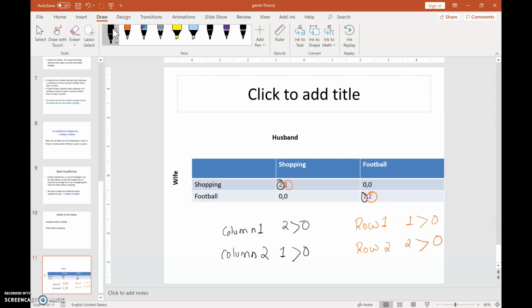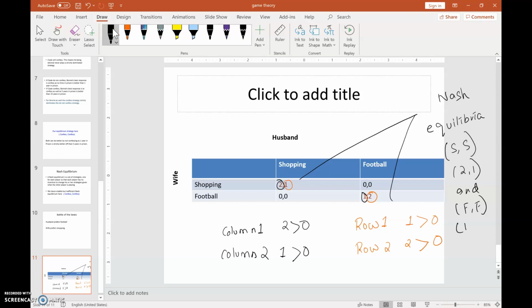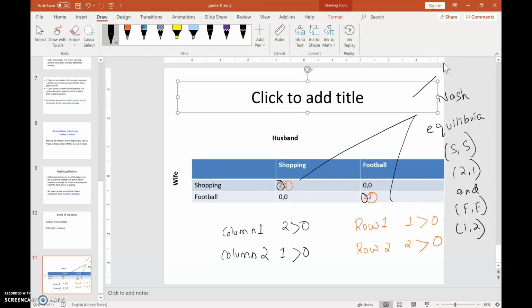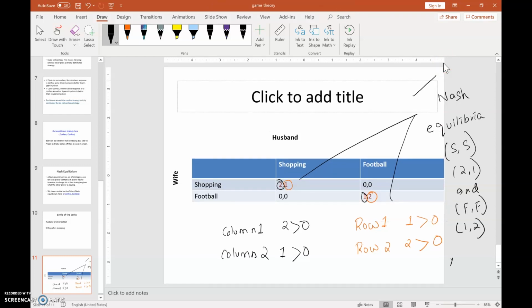I have 2 circles in 2 of these boxes, so I have Nash equilibria. That means there are 2 solutions to this game. The Nash equilibria are shopping, 2-1, and football, which is 1-2. Because there are 2 solutions, this is not unique.